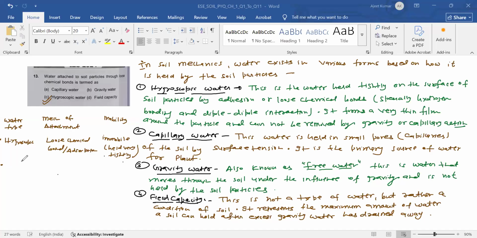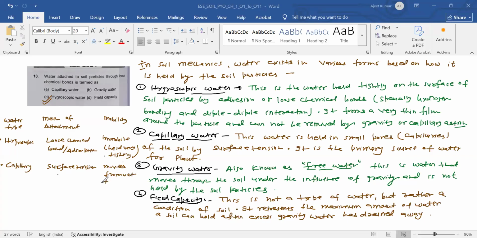Next is capillary water. The mechanism of attachment is surface tension, and in terms of mobility, this water moves from wet to dry area.